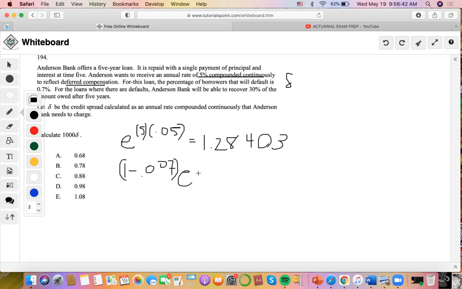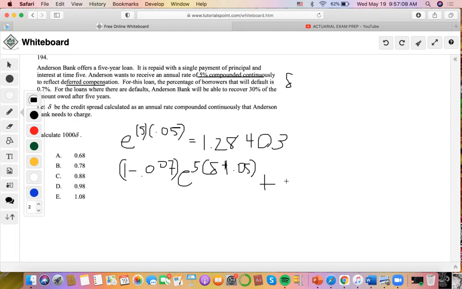And then e to the number of years of 5 times the force of interest plus the existing force of interest. And then plus, it says Anderson will be able to recover 30% of the loans that defaulted, right?